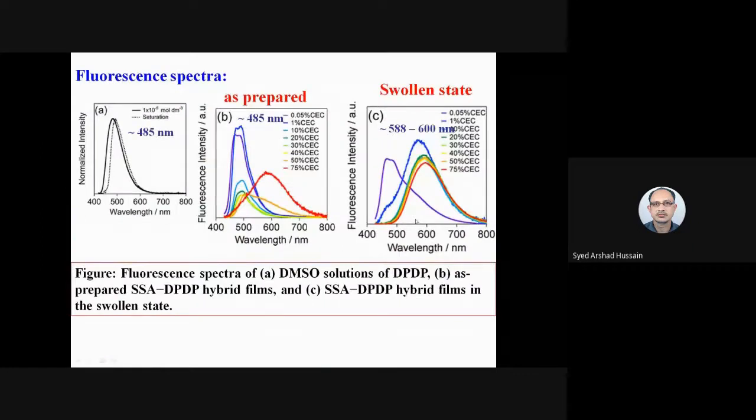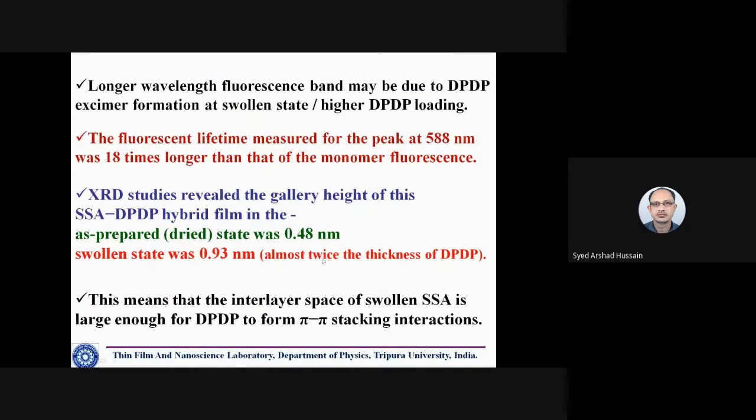This happens because when these molecules incorporate on the clay layer, depending on the gap of the sheets within the layer, initially in dry condition, the molecules are organized in one molecular layer.